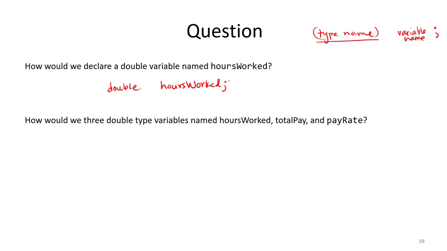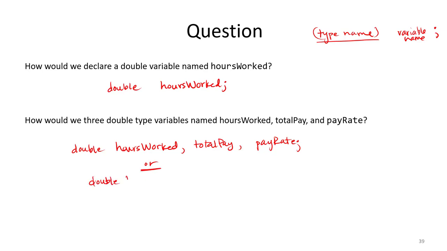Next one, how would we declare 3 double type variables named hours worked, total pay, pay rate? Well, we could do it in a single line, or we could put one on each line.